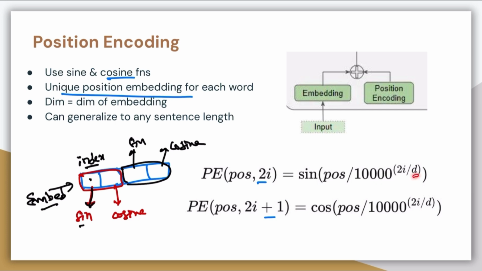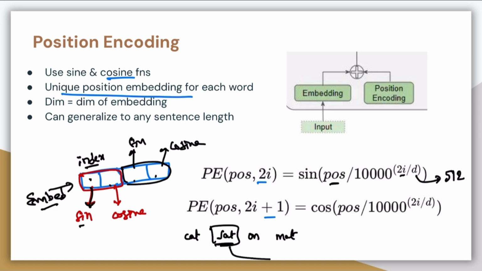One is d, which is the dimension of your vector, maybe like 512 dimension, and one is i. In that dimension, what is the position? Suppose you have 512 dimension. In that dimensional vector, first position, second position, third position, fourth position, that is actually i. And then in your words, let's suppose you are having cat sat on mat. In your words, this position is actually what is the position in that particular word.